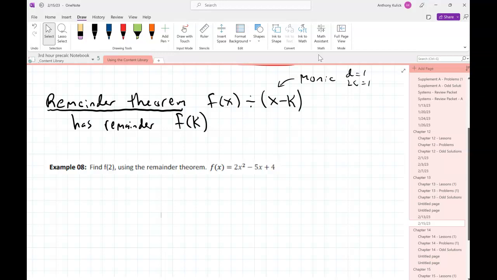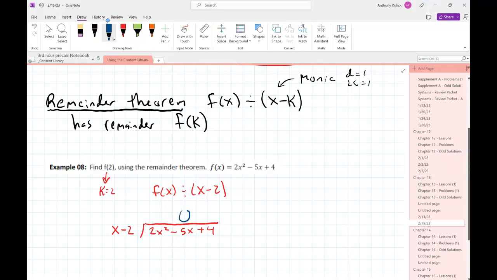So here it says find f of 2 using the remainder theorem. So that would tell me that k is 2. So I'm going to do f of x divided by x minus k, or really just divide by x minus 2. So there's my start.